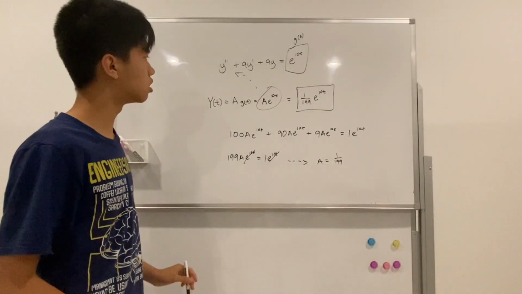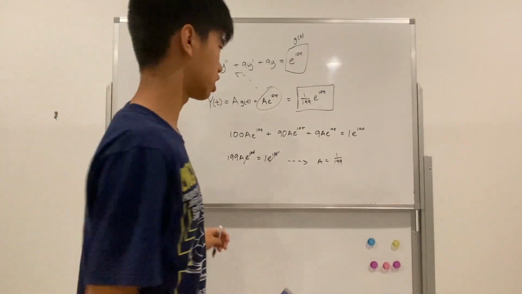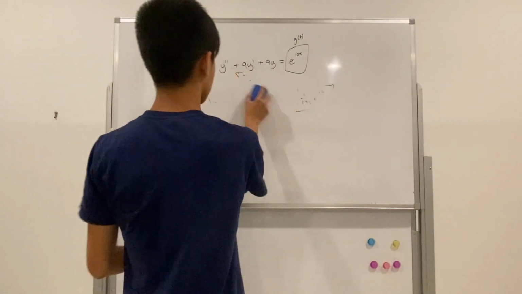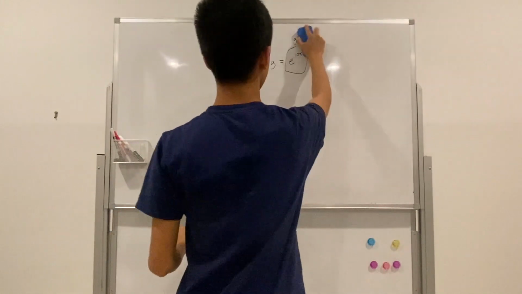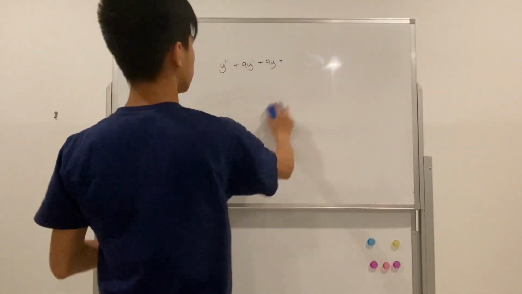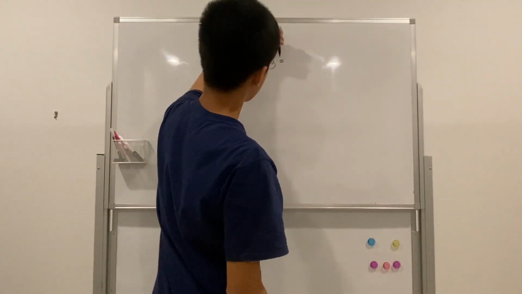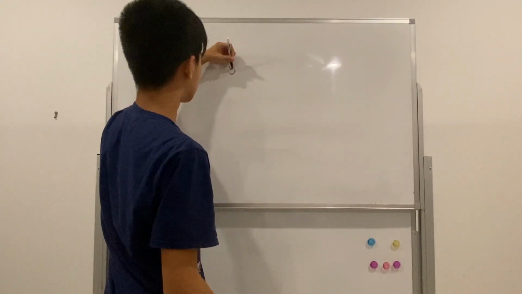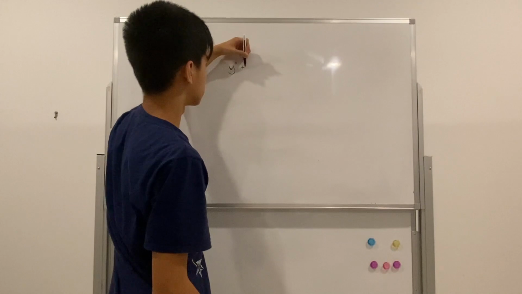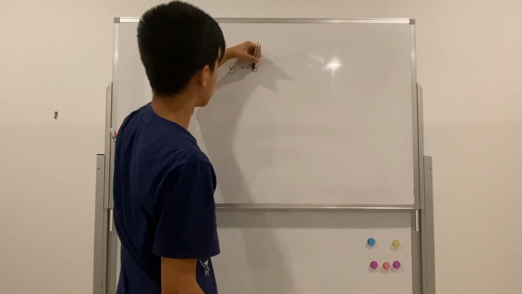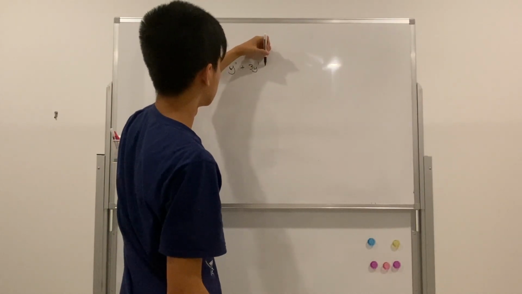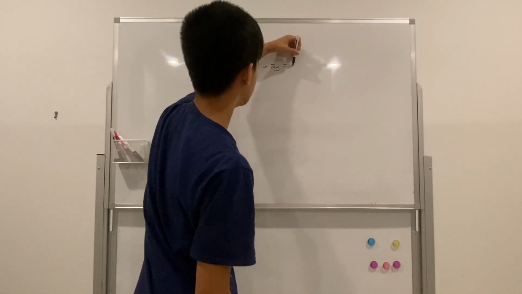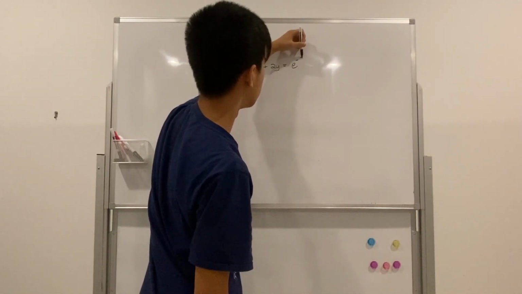But it's not always like that. Let me just quickly erase that first. I gave you a slightly different problem, like y double prime plus 3y prime plus 2y equal to e to the negative 2t.